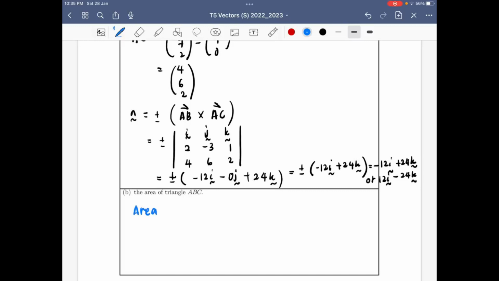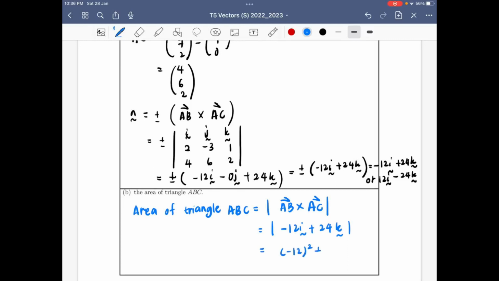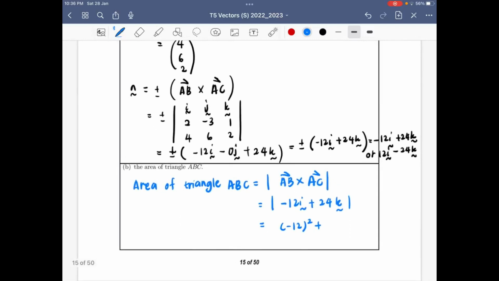Therefore, our area of triangle ABC is equal to the magnitude of vector AB cross AC, which is the magnitude of negative 12i plus 24k.